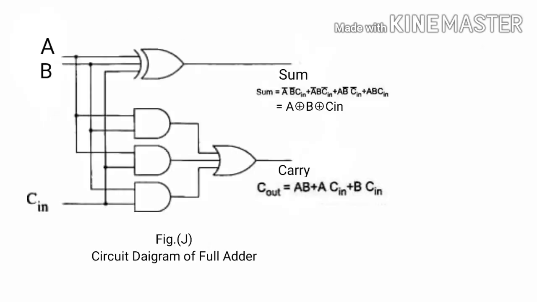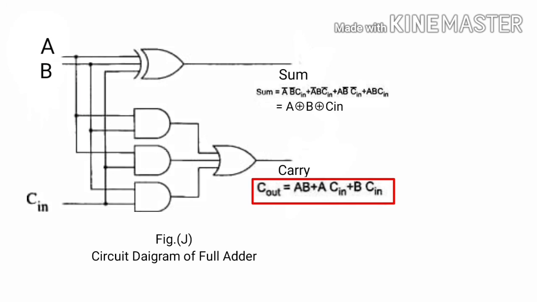Figure J shows the circuit diagram of full adder. As there are 3 inputs A, B, C in, and the equation of sum is A XOR B XOR C in, here we have used XOR gates, and from the output of the XOR gate we can check sum. Likewise, the equation of carry is AB plus A C in plus B C in. So between the input variables AB, A C in and B C in, there is an AND gate.